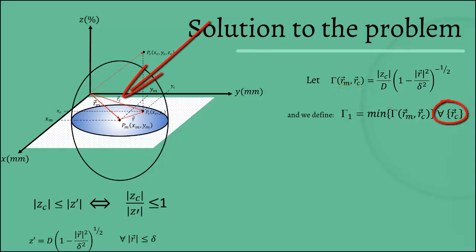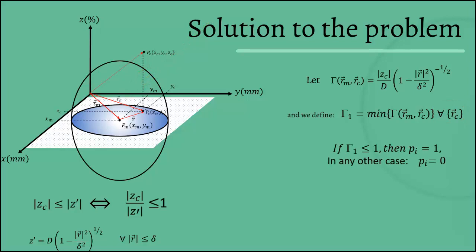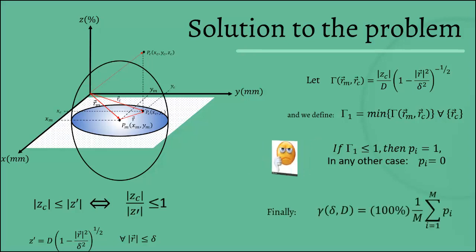For every position vector of the coordinate points calculated by the planning system, if gamma 1 is less than or equal to 1, then we generate pi, which would be 1. And in any other case, pi would be equal to 0.